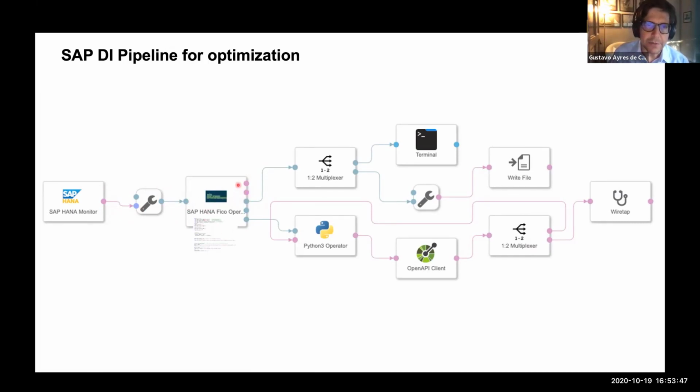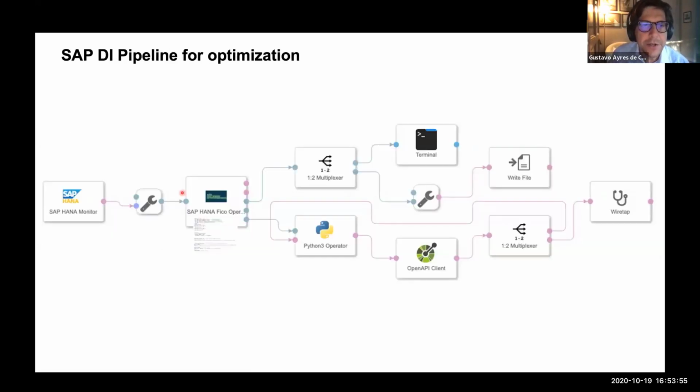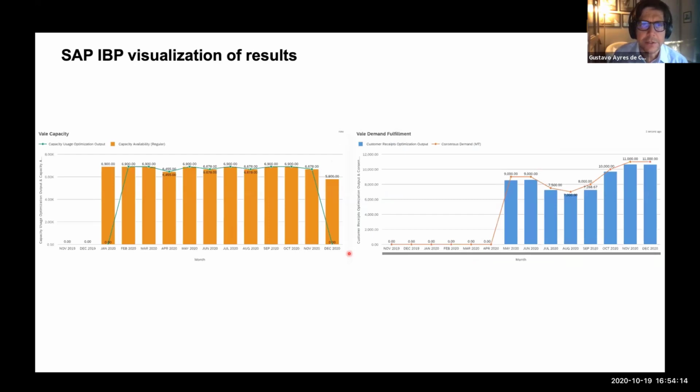We were able, and that's one of the nice things of Data Intelligence, to create an operator, a specialized container, that would run FICO, so it would consume the data coming from HANA, and it would then run the optimization process, send the data back into HANA and create some reports to allow us to understand the results.